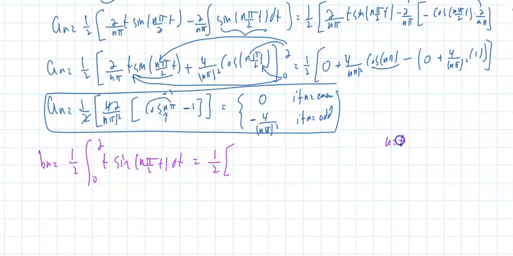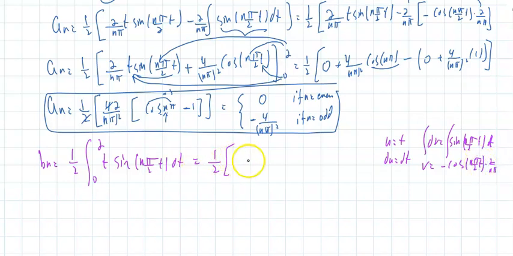I let u equal t, du is dt, dv equal the sine of n pi over 2 t dt. If I integrate, v will equal negative the cosine of n pi over 2 t times 2 over n pi.